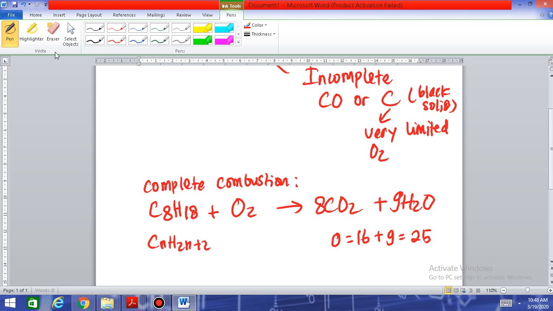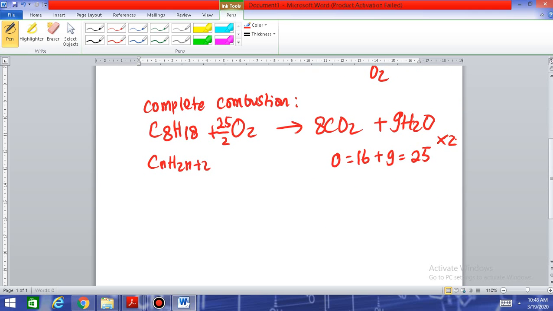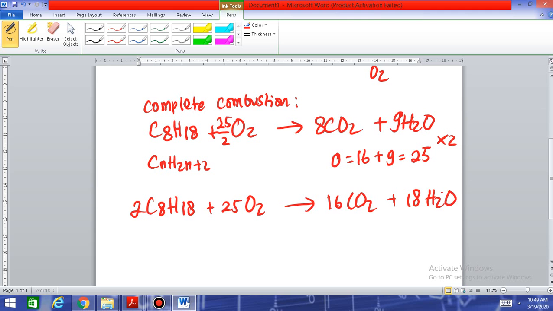So it must be 25 over 2, or if you want to produce integer reaction coefficients, that's okay. You multiply all of the reaction coefficients by 2. So 2C8H18 plus 25 O2 gives 16 CO2 and 18 H2O.